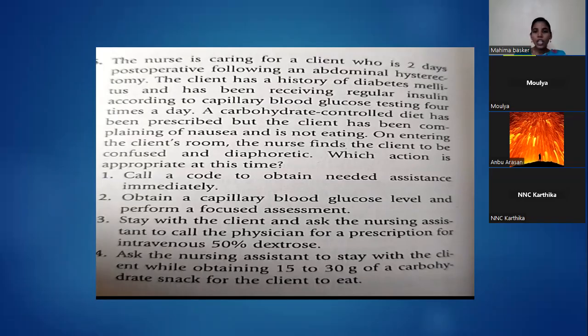The client has a history of diabetes mellitus and has been receiving regular insulin according to capillary blood glucose testing 4 times a day. A carbohydrate controlled diet has been prescribed, but the client has been complaining of nausea. Remember, nausea and not eating. On entering the client's room, the nurse finds the client to be confused and diaphoretic. Which action is appropriate at this time?